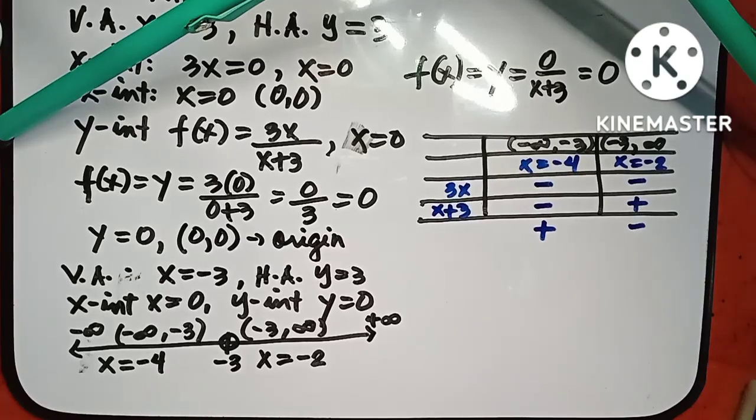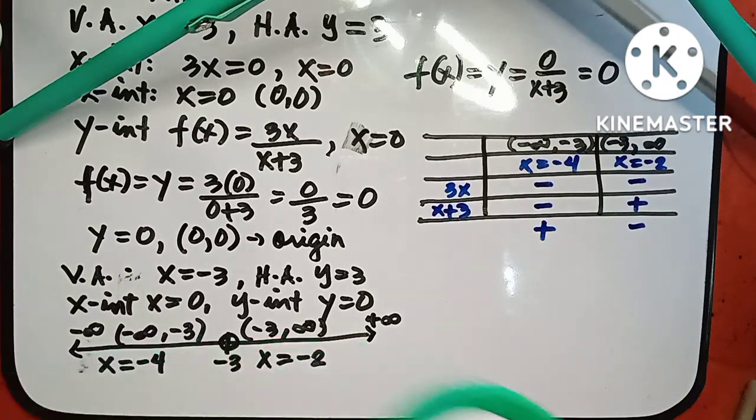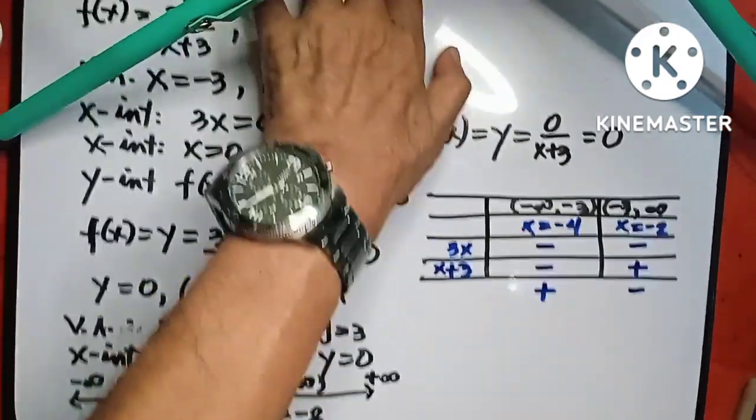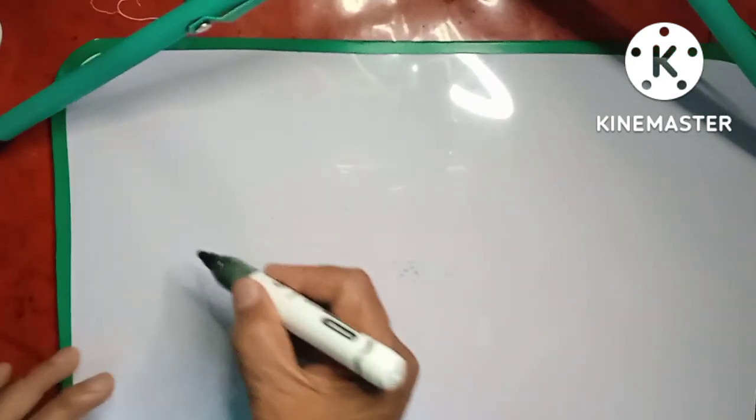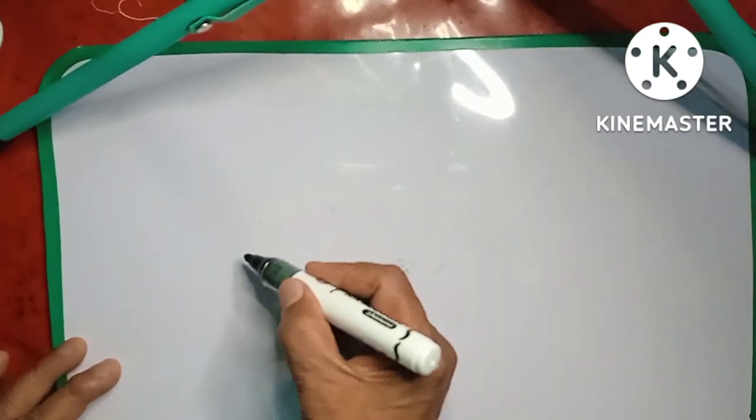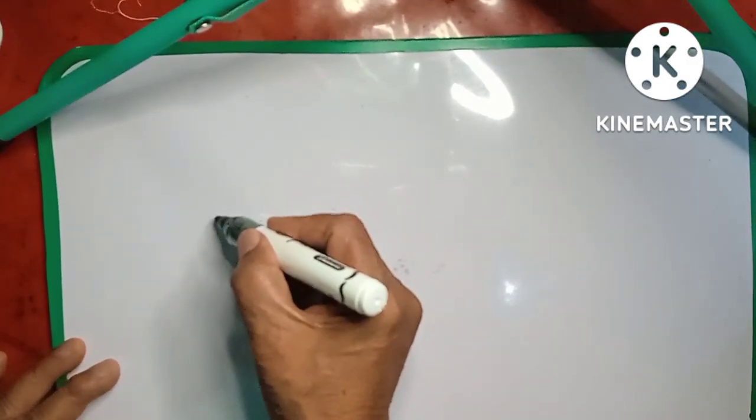So we will graph. Let's make a Cartesian plane.